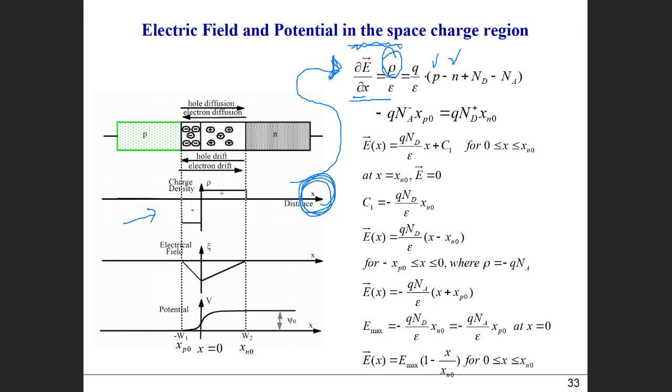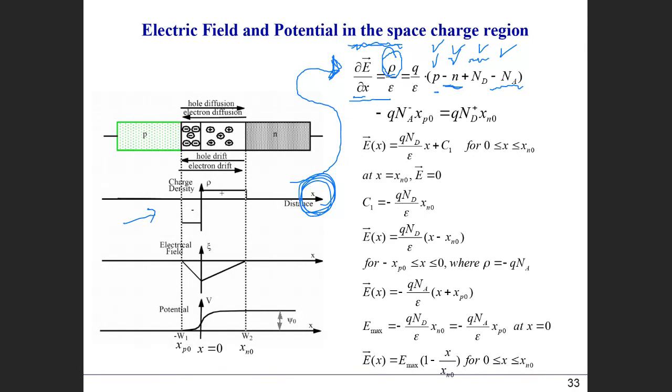The hole comes from the negative dopant, and the electron comes from the positive dopant. So these four different elements represent all available charge in the semiconductor.